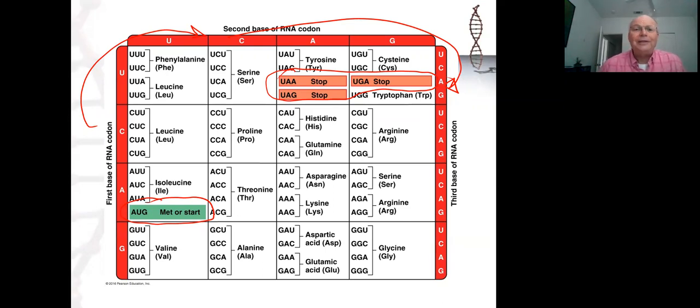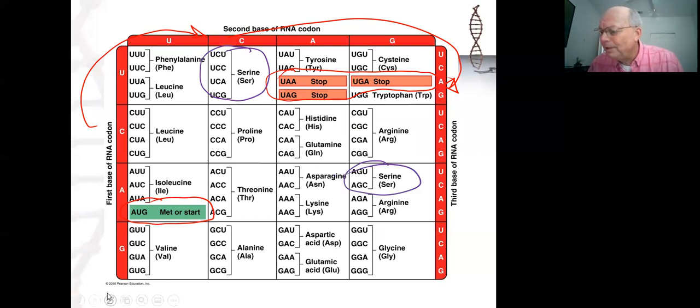Then as we take a look at the other 61 codons, what we start to recognize is that many of the amino acids have multiple codons, and some of them have a lot. So serine, let me change the color on this for a minute. So serine here has these 4 plus these 2, so there are 6 in total. Arginine, do it in yellow, has these 2 plus these 4.